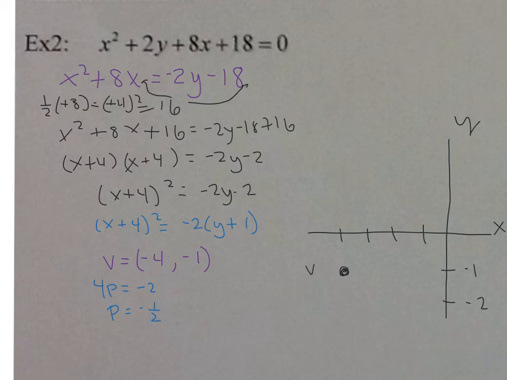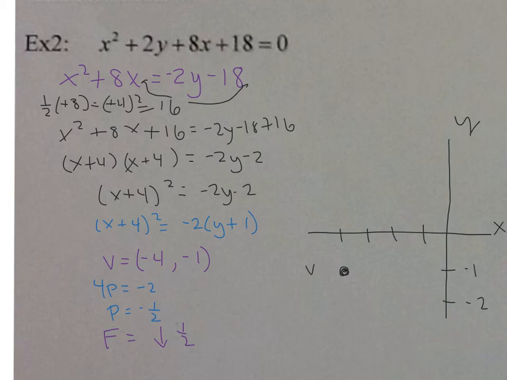So remember, my focus is drawn from my vertex, and that's my p-value. So if my p-value is negative 1/2, that means for my focus, I want to go down 1/2.